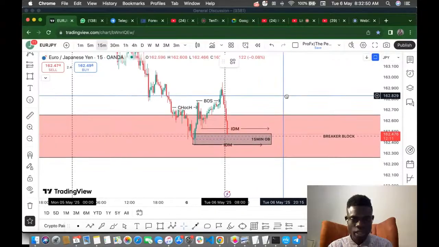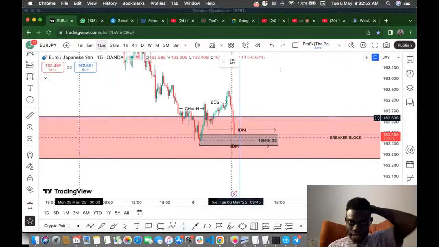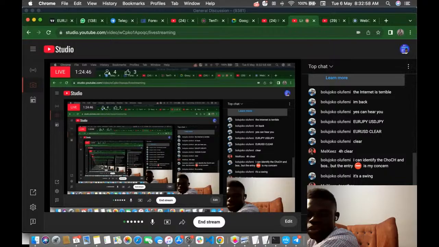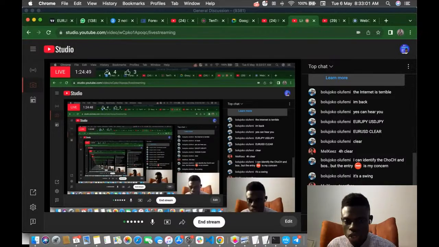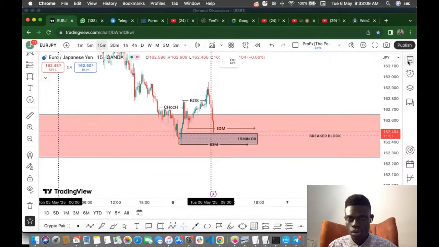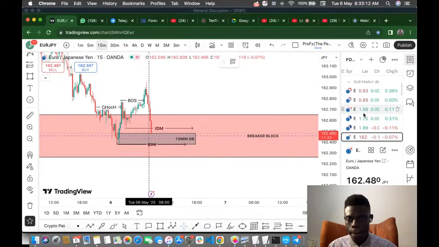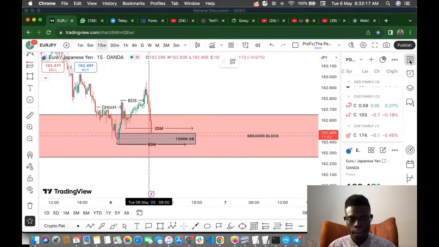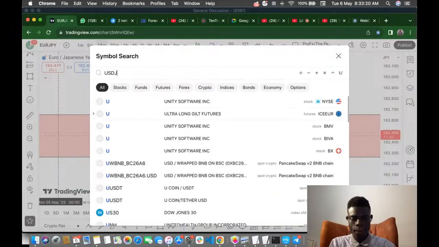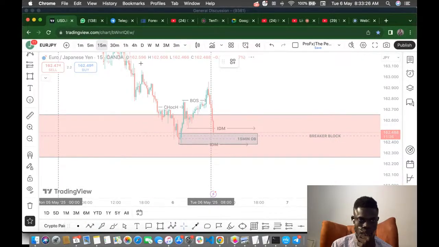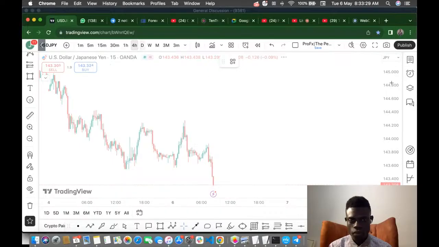So we wait for a candlestick pattern and what SMC. Okay, it's correlating with UJ. So let's check UJ. Back to the basics. 4 hours.